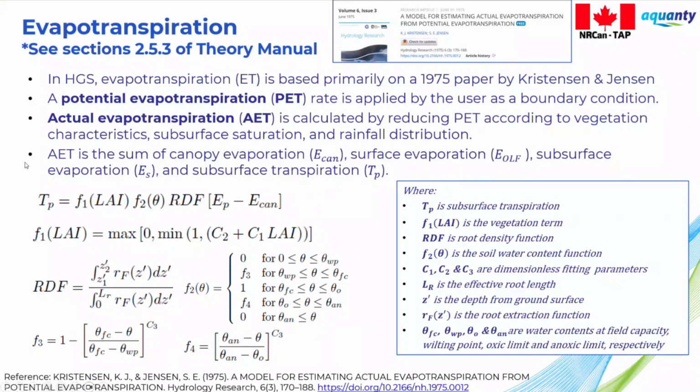The actual evapotranspiration is applied in 4 components, and again, it's fully spatially distributed in 3 dimensions. So there's a canopy evaporation, a surface evaporation, and then a subsurface evaporation and transpiration components. So these are all separately calculated and applied based on the way that you parameterize the Christensen and Jensen process.